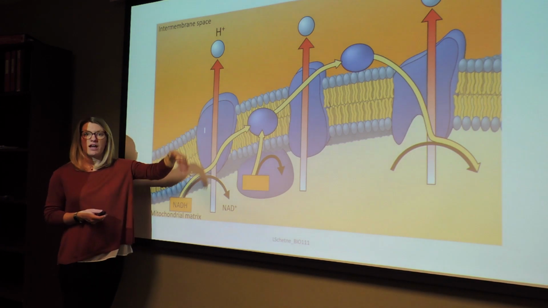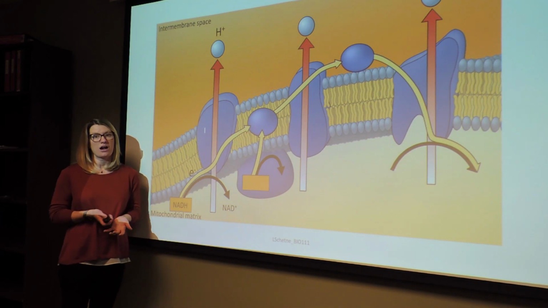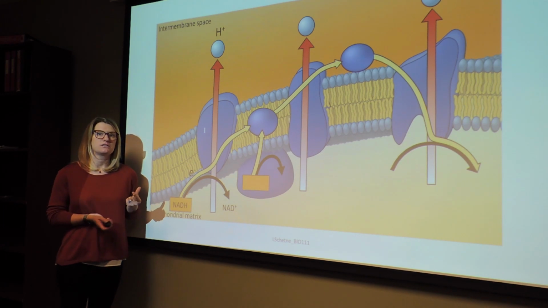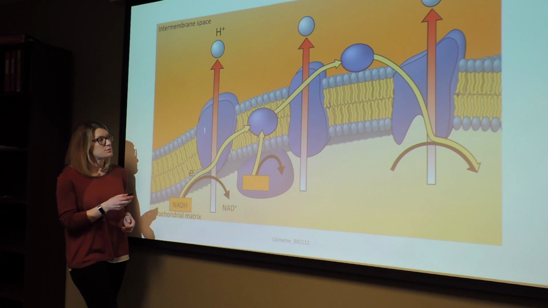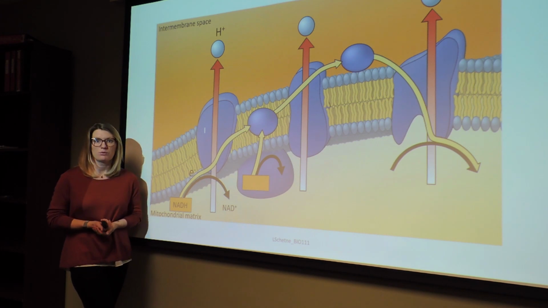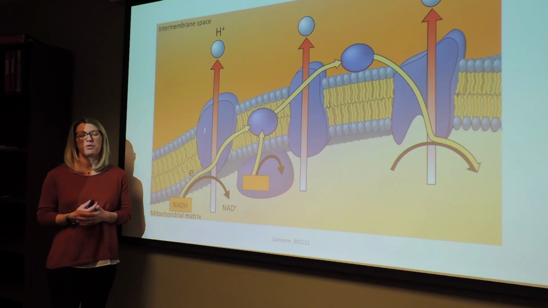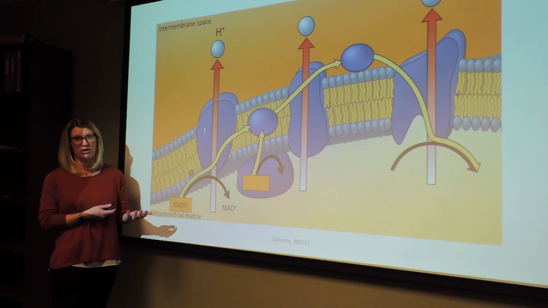This donation of electrons is a downhill reaction. Because it's downhill, a little bit of energy is getting released. And that's really important because protein 1 is actually a proton pump. Remember, pumps pump things against their concentration gradient.